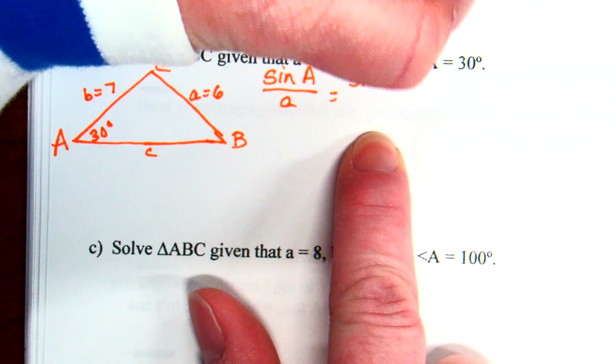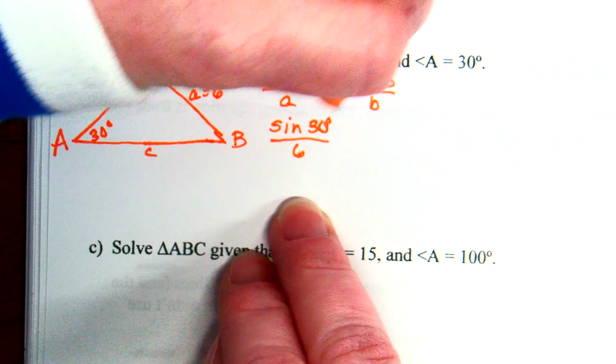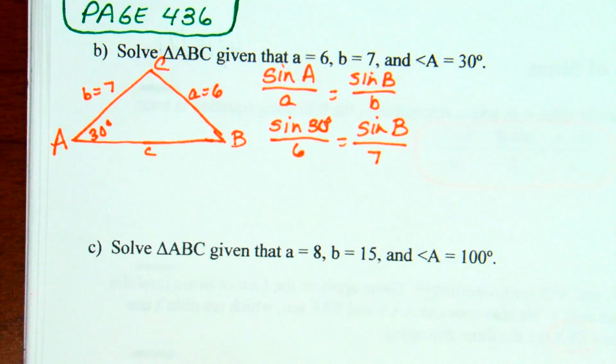We know our A's, so we can use sine A over A. We know one of the B's, so then we're going to use sine B over B. Do the math there. Sine of 30 degrees over 6 equals sine of B over 7.